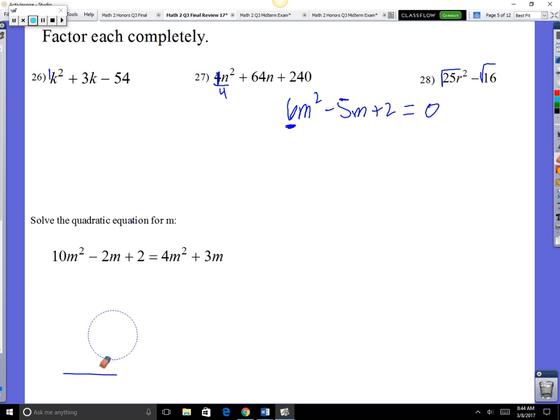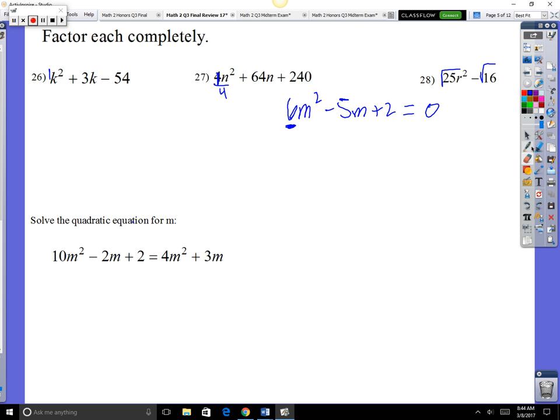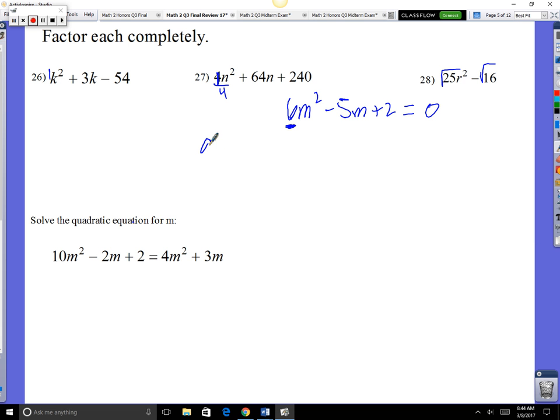So x equals negative b plus or minus square root b squared minus 4ac all over 2a. So once we get everything on the same side, you can identify the value of a, the value of b, the value of c. A is 6, b is a negative 5, and c is the 2. Okay, now you just sing the song, plug them in.